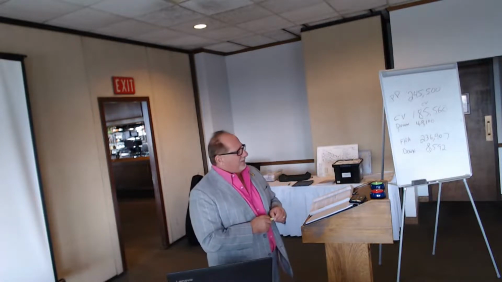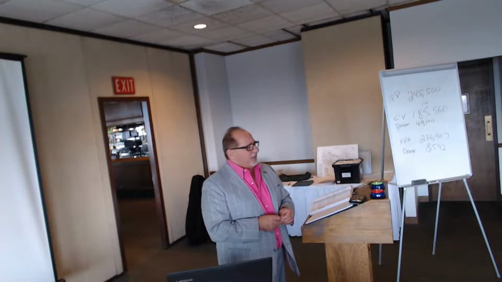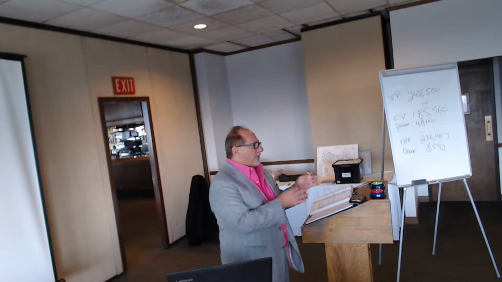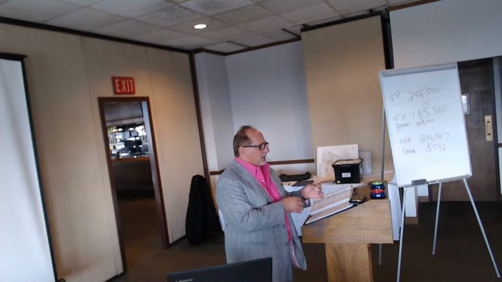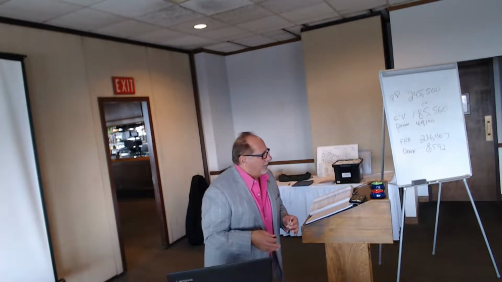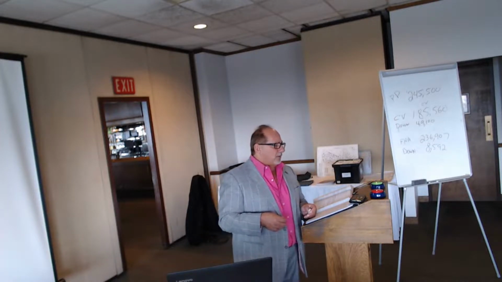So with FHA financing, you can finance 96.5%, correct? Yes, sir. But with FHA financing, you will have an upfront MIP, mortgage insurance premium, correct? Correct. And you can roll that into the loan. Correct. And then you have an annual MIP payment that's usually divided monthly, correct?